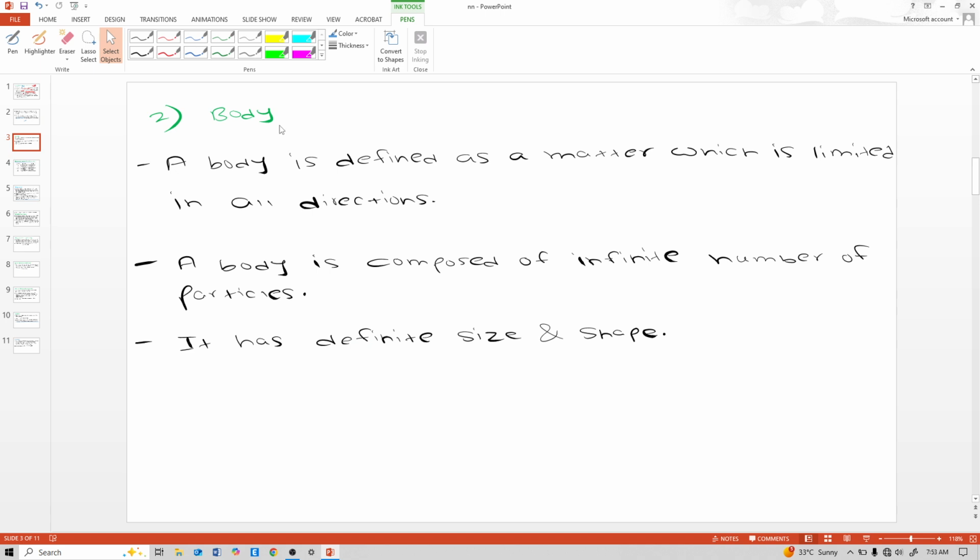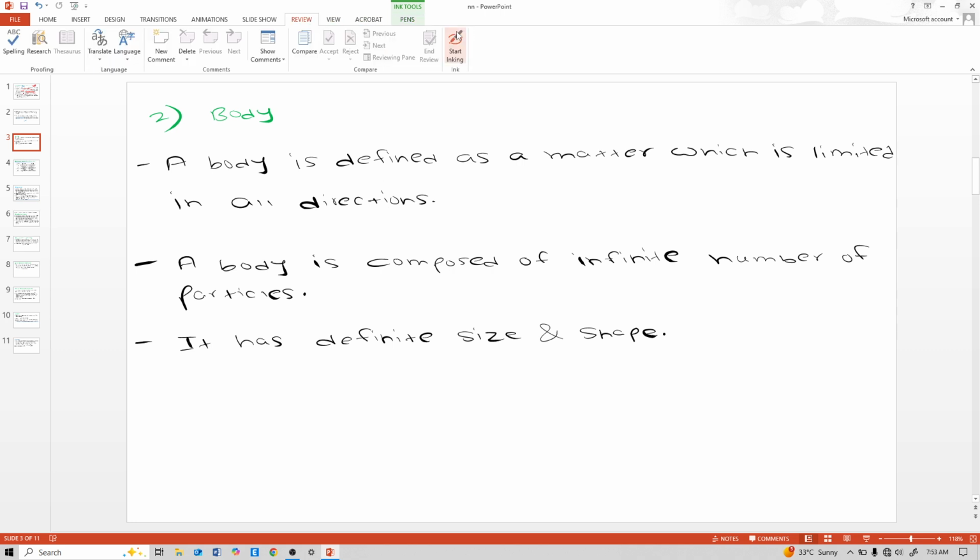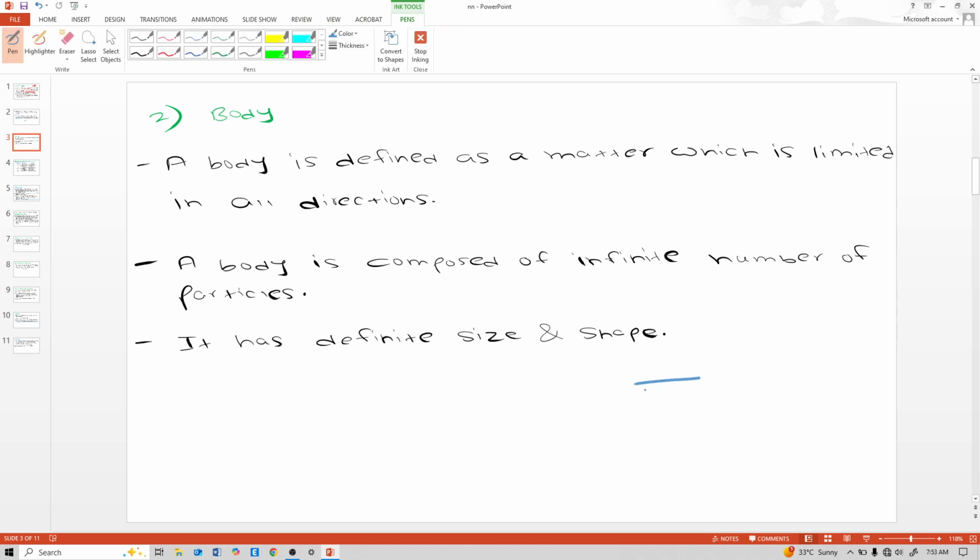Next concept is body. Read the first bullet point: a body is defined as matter which is limited in all directions. If this is some shape, this is nothing but the body.